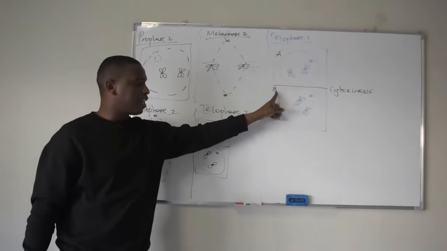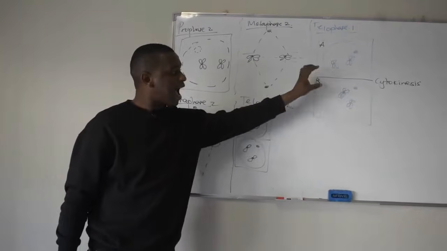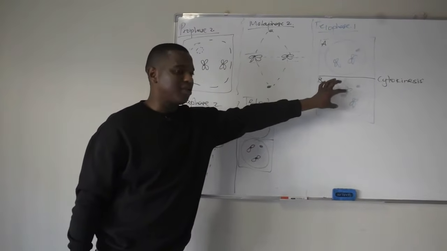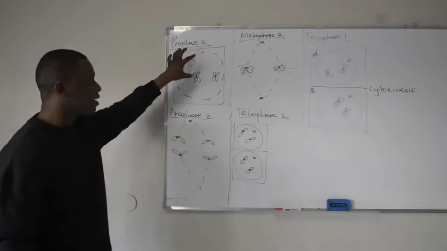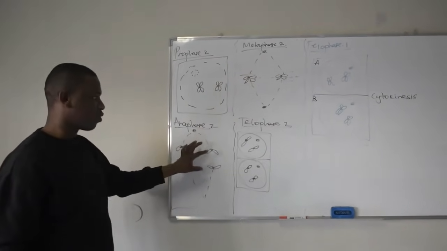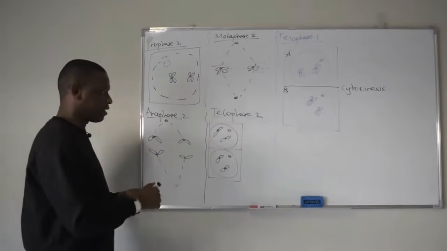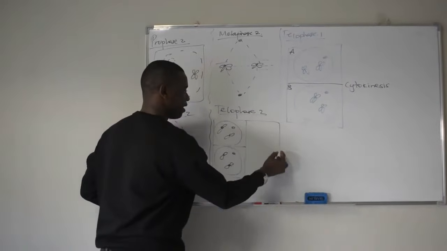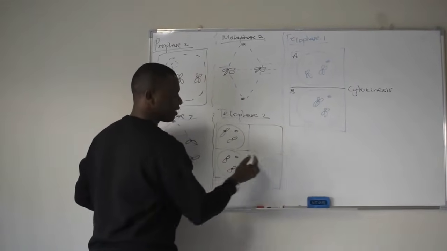I'm now dealing with cell B. I take cell B, I do the same process. I put it under prophase 2, metaphase 2, anaphase 2. It will give me results similar to cell A. Is it clear?